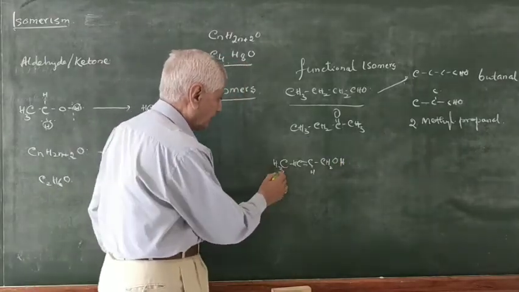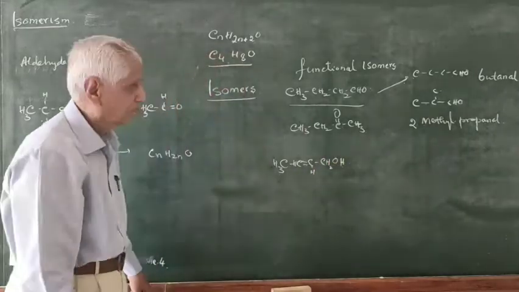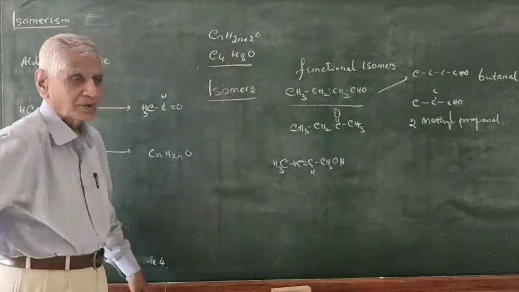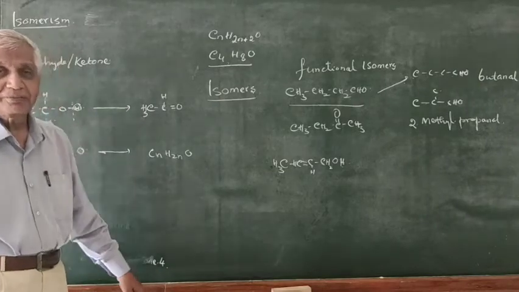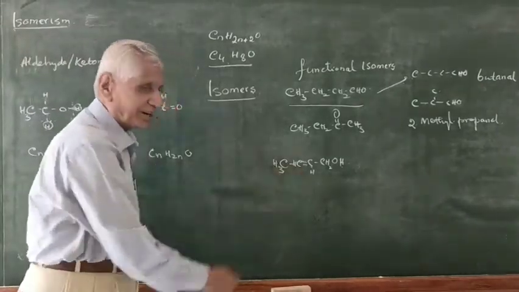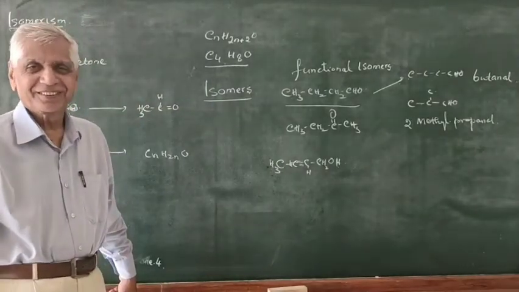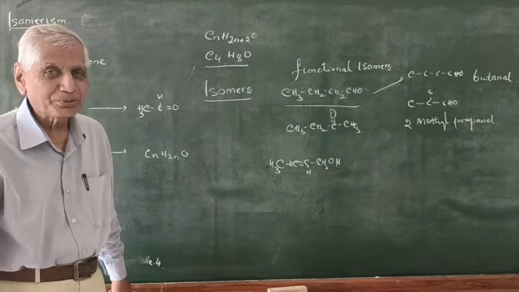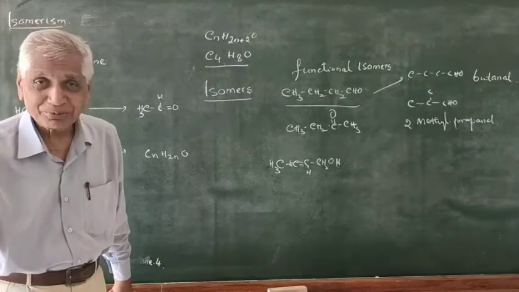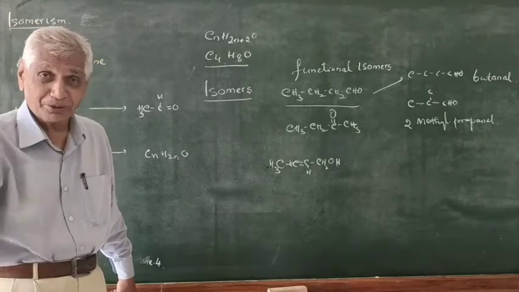Look here: 3, 4, 5, 6, 7, 8. So this is unsaturated alcohol. If this unsaturated alcohol is there, again you will have different isomers. Chain isomer is possible, positional isomer is possible. So look how many types of compounds you can prepare out of that.